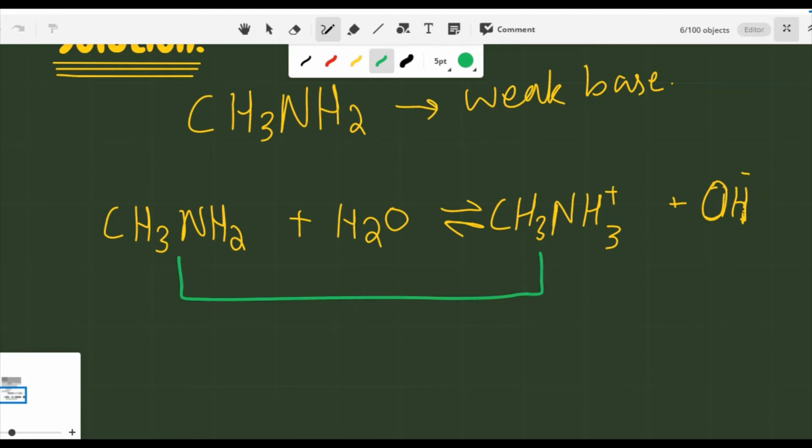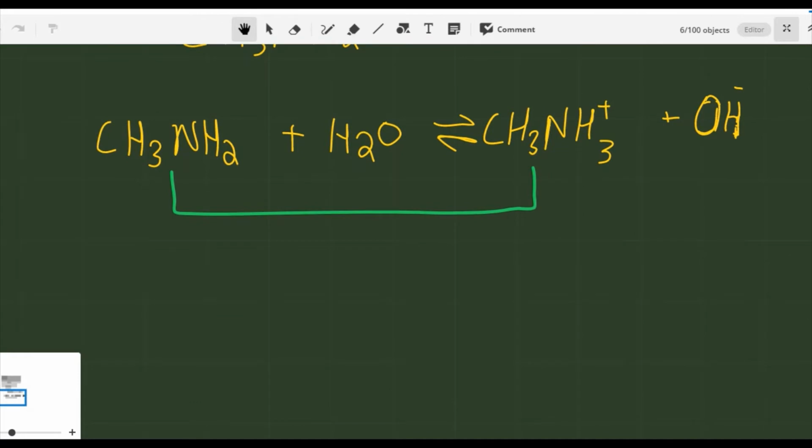So the concentration of hydroxide is needed to calculate the pH. Let's prepare the equilibrium system to calculate the concentration of hydroxide ions. In chemical equilibrium, the liquid phase has no effect.